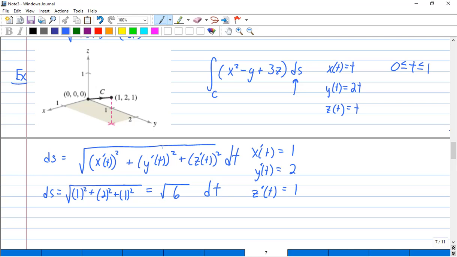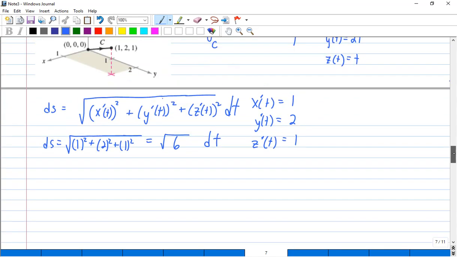Now since we have dt, we have to change our function that we're integrating in terms of t. We're not going to have x, y, and z anymore. We're just going to have what they are equal to in terms of t. Well, x is equal to t.